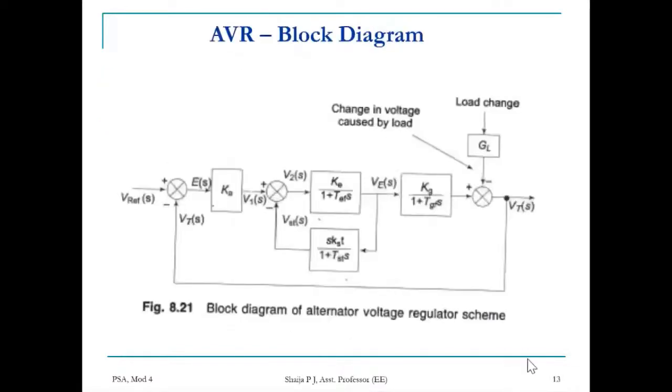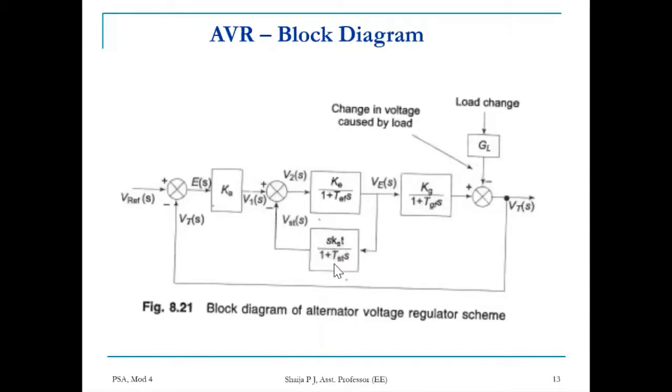And the complete transfer function model of this schematic diagram we can obtain with this. This is the VT of S, and VREF minus VT is the error signal. For Ka, we assume that its time constant is 0, so it is fed to V1 of S, and this is VE of S, the exciter voltage. It is being negatively fed back with the help of the stabilizing transformer.